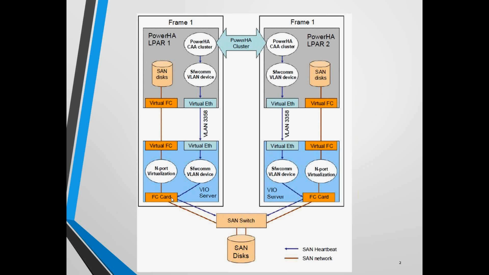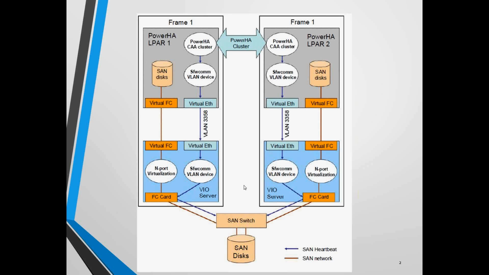You can kind of see I've got multiple lines here, but I could actually create a zone with one adapter from each VIO server, and then I could create another zone for a second adapter from each VIO server, and have very separate heart beating paths. So that's just another way to make it even more redundant.